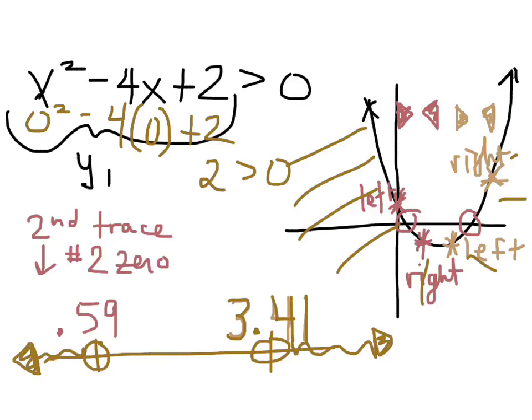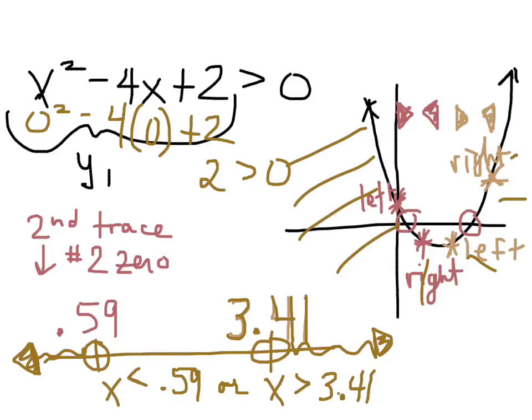For those of you who remember this a little bit, when you guys did it before, the way you would write that out is you would write x is less than 0.59 or x is greater than 3.41. That's how you guys would have had to write it before.